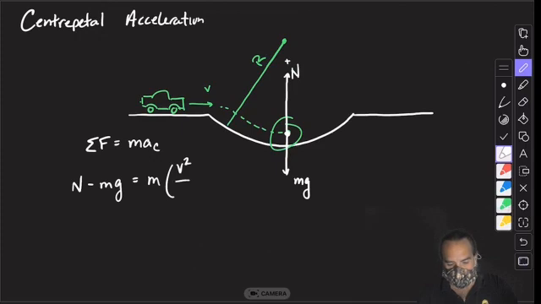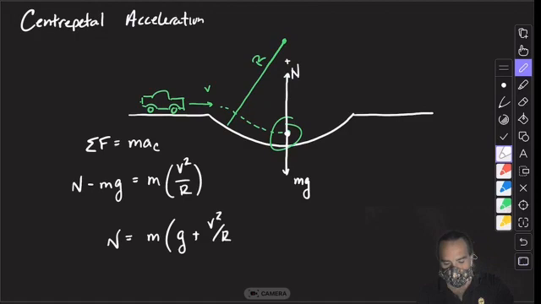And it's at this time where it's probably appropriate that we replace our expression for acceleration with the centripetal acceleration, giving us an opportunity to solve for the normal force. Now, really what I want to point out here is we get this portion of the normal force that has a constant component and a speed variable component.